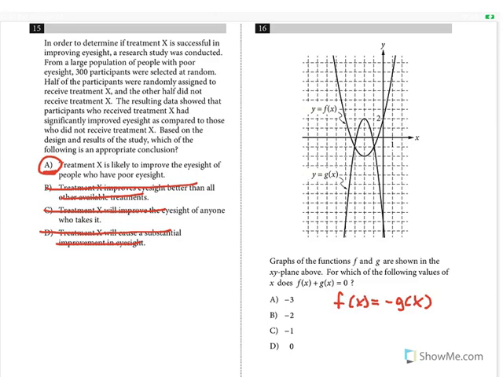And we see that right here, where g of x equals 2 and f of x equals negative 2. And at what value is that? That is when x equals 1, negative 2. So B. Just understanding function notation and, again, reading graphs.